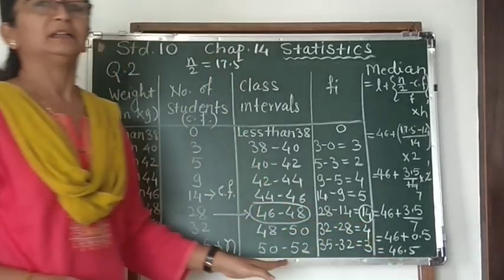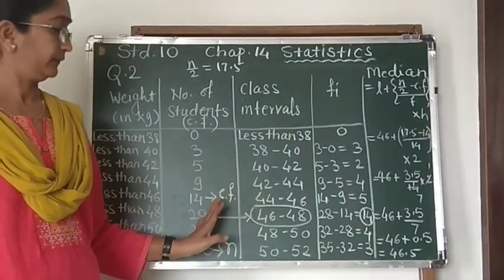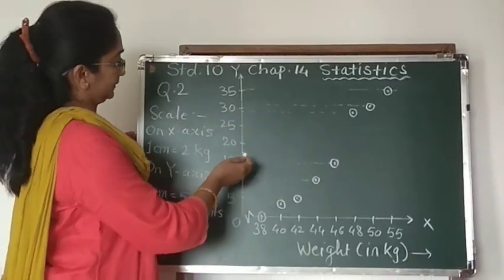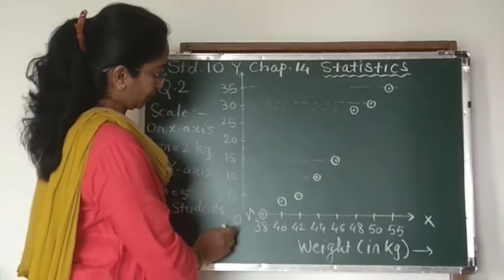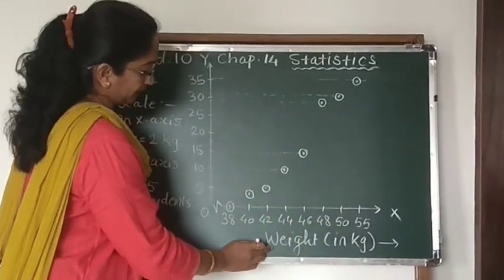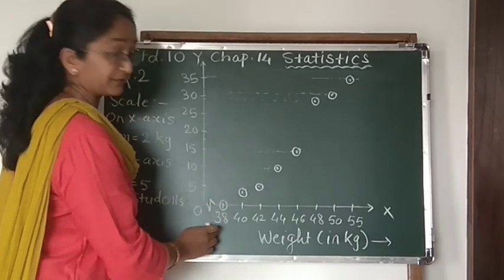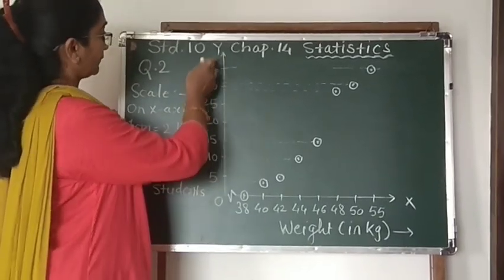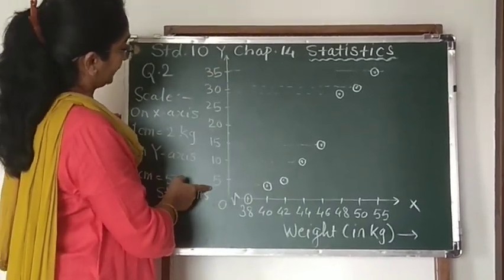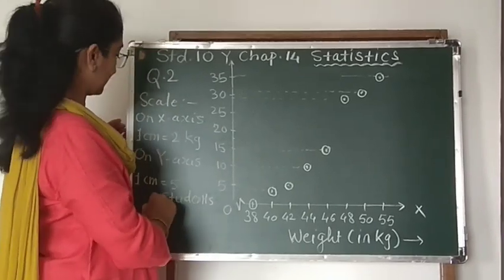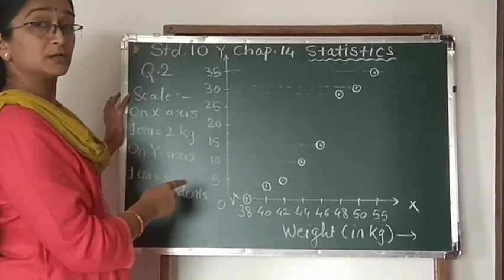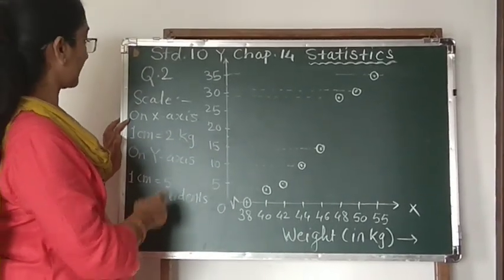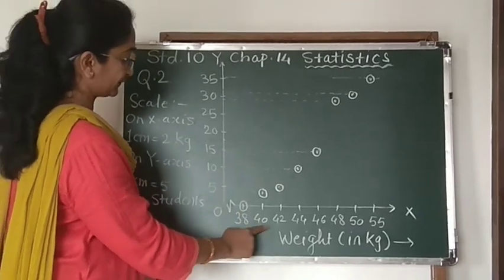Now let us find this median from the graph. Now see this graph. On the x-axis we take weight in kg, that means our class intervals, and along the y-axis the number of students, that is our cumulative frequencies. For the scale, on the x-axis take 1 centimeter equal to 2 kg.